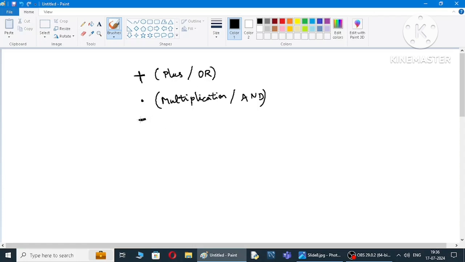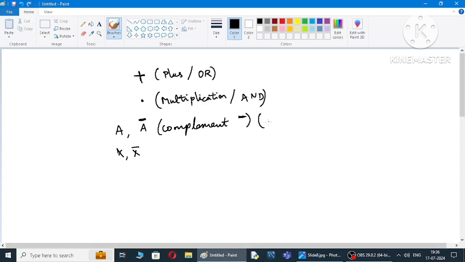Okay, and this is not minus. This is put on top of the variable, A bar, X bar. This is called the complement operator. So what is the complement operator? A small dash which is given on top of the variable is called the complement operator, right?